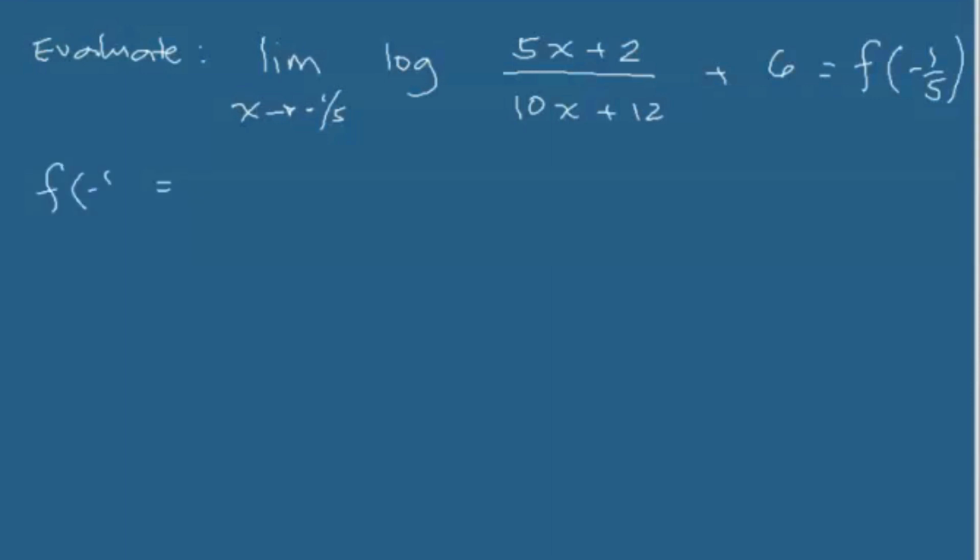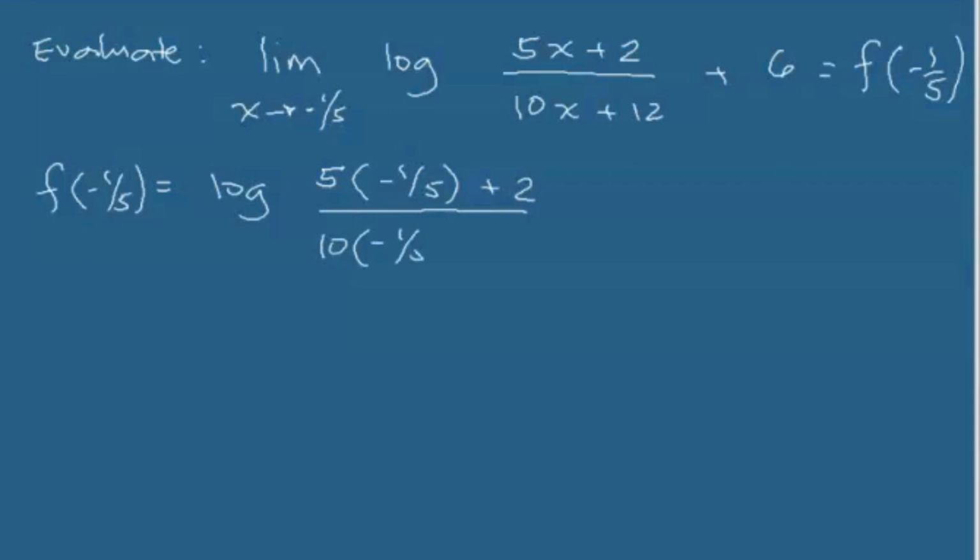So f of negative 1/5 is equal to the logarithm of 5 times negative 1/5 plus 2 all over 10 times negative 1/5 plus 12, plus 6.